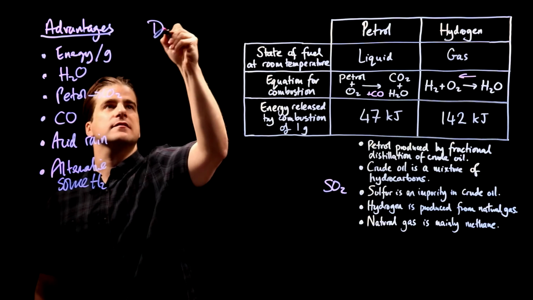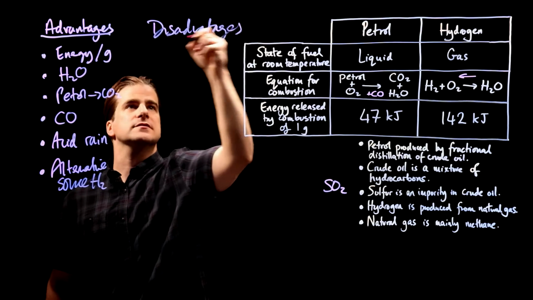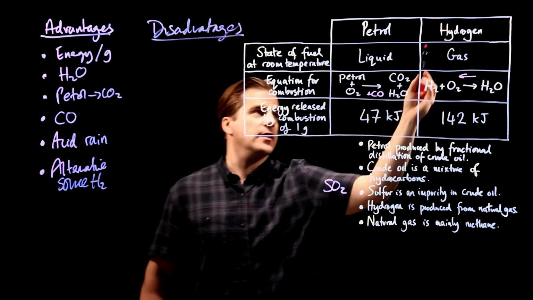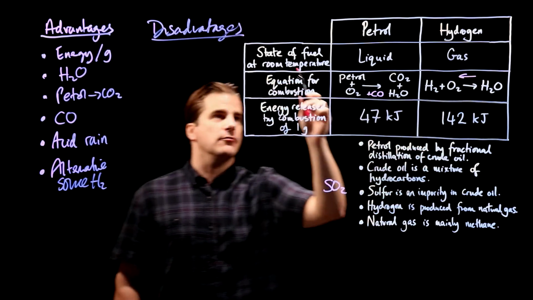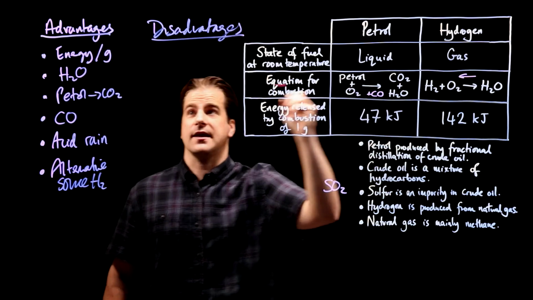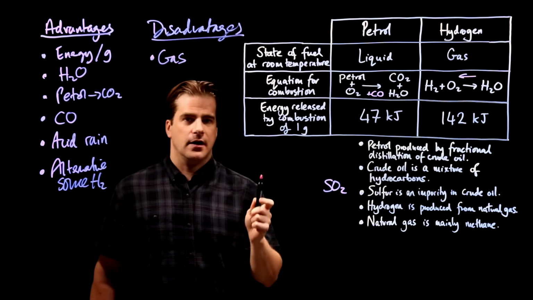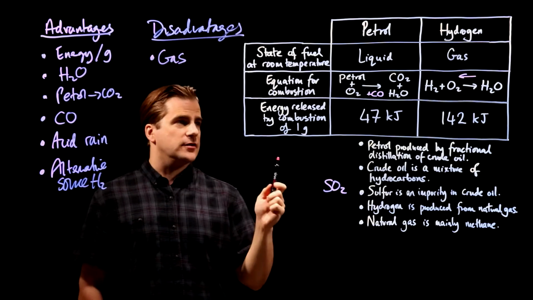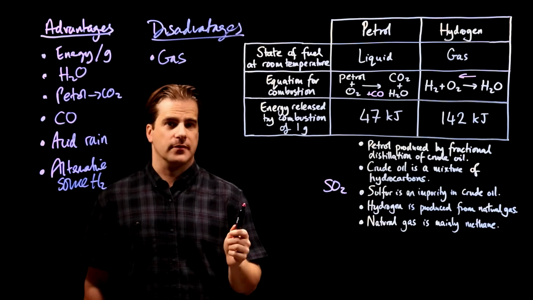Right, disadvantages of using hydrogen instead of petrol. Well, there's the big one. At room temperature, it's a gas. And that means that storage and transfer of hydrogen is a problem.